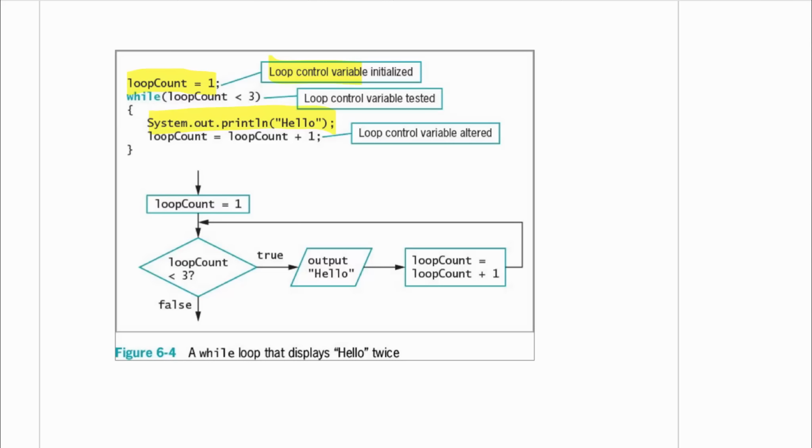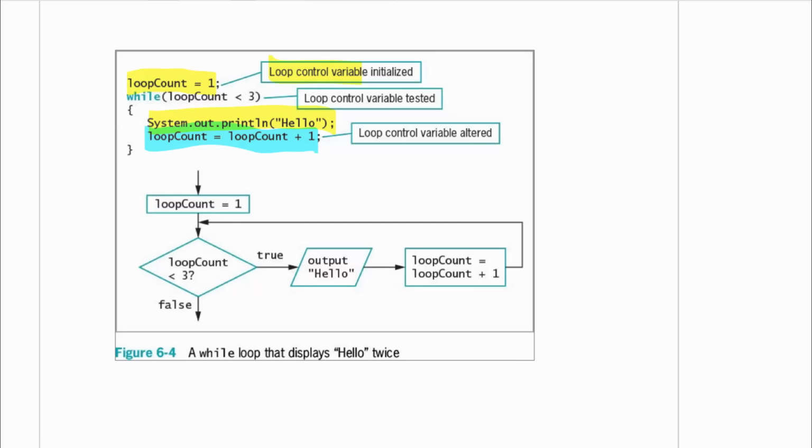The most important part here is the part that's highlighted in blue: you have to have some kind of way of modifying your loop control variable inside of your loop. By modifying it, you're telling it that every single time this loop runs, I want you to add 1 to loop count, which is our LCV.